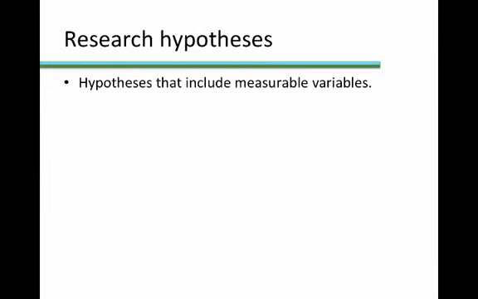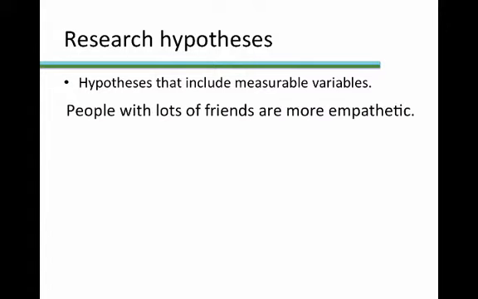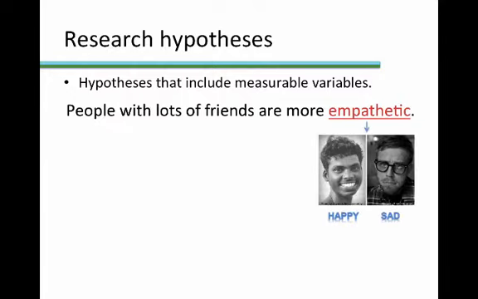The last conceptual hypothesis we need to convert into a research hypothesis is people with lots of friends are more empathetic. Let's say we decide to operationalize empathy as how accurate a participant is at judging the emotions expressed on faces and photographs. Great, but now we need to decide how we are going to decide if a participant has a lot of friends.